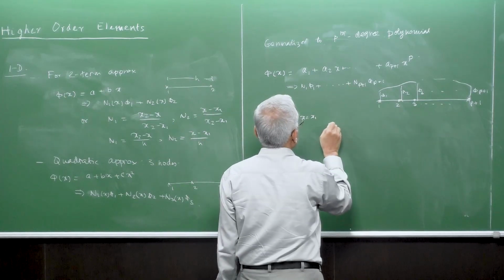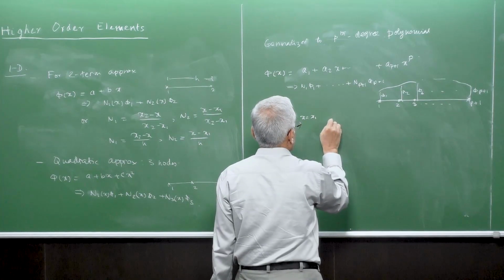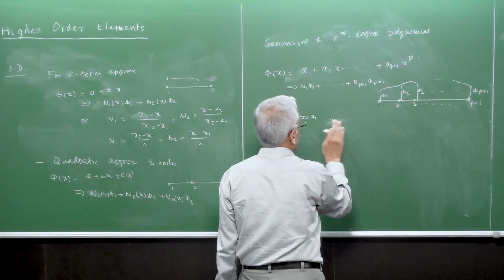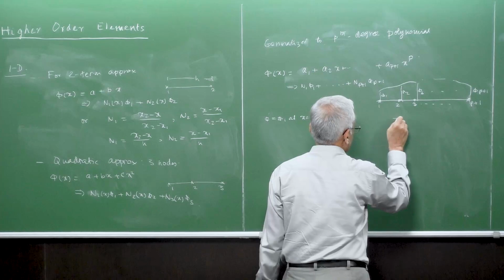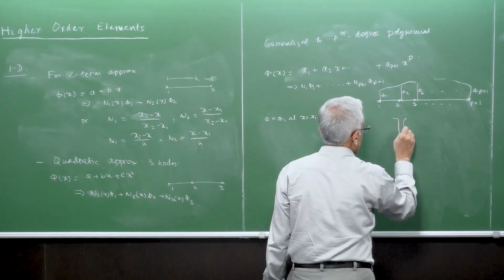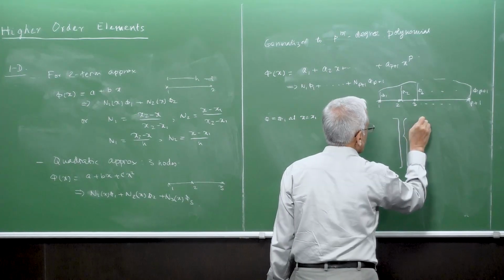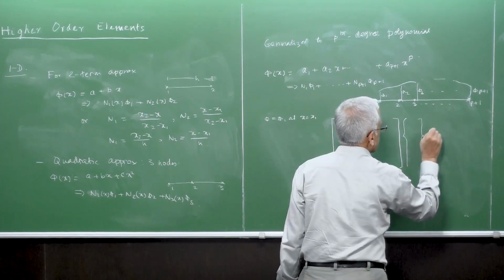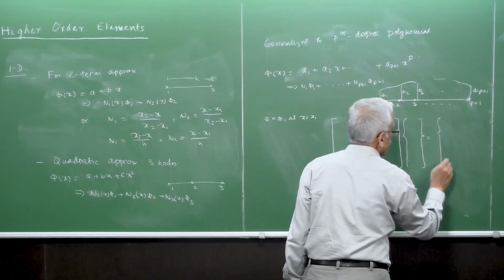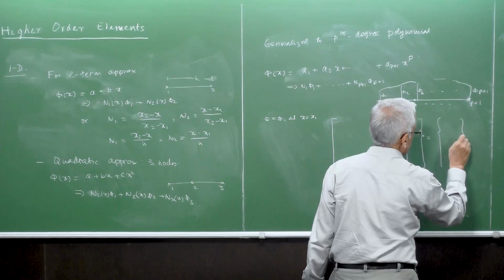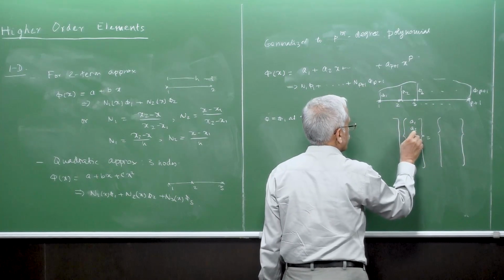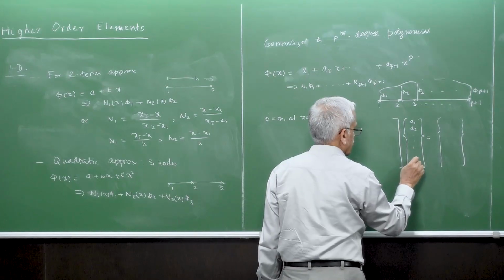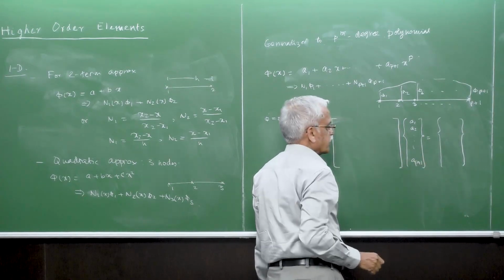So we can write this one as a1, or can I write it in terms of matrix? So we will write it in the form of a matrix here, with these p plus 1 coefficients.